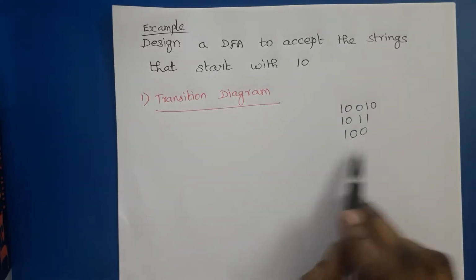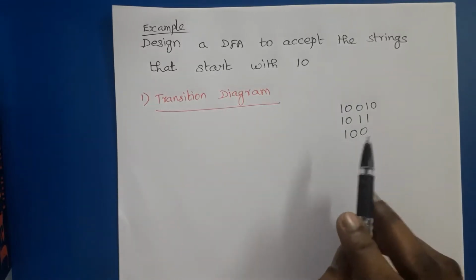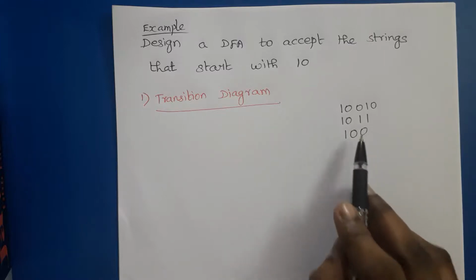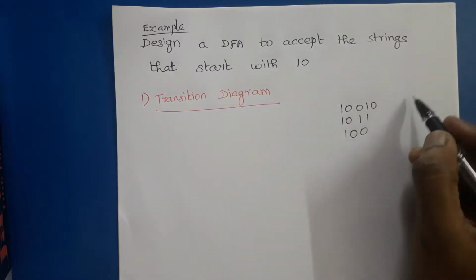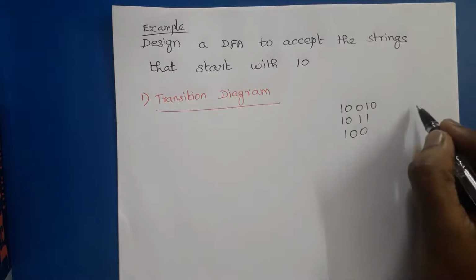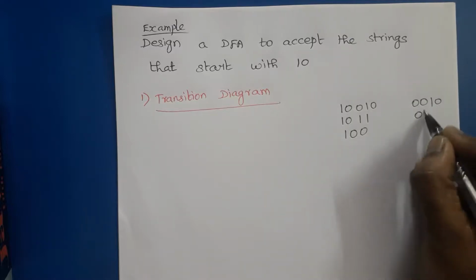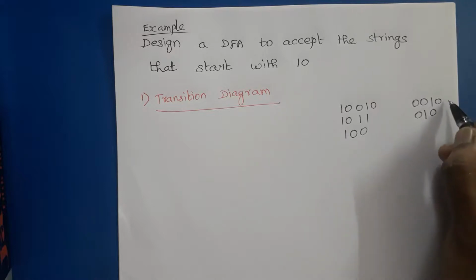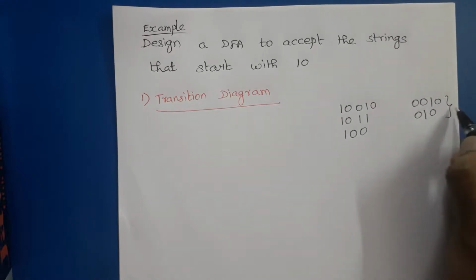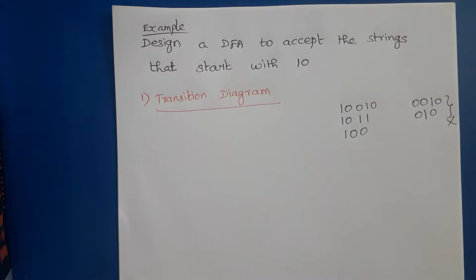So these are all the correct input strings. These strings must be accepted by our DFA. Suppose the strings start with 0010, 010. These are all strings that should be rejected by our DFA.